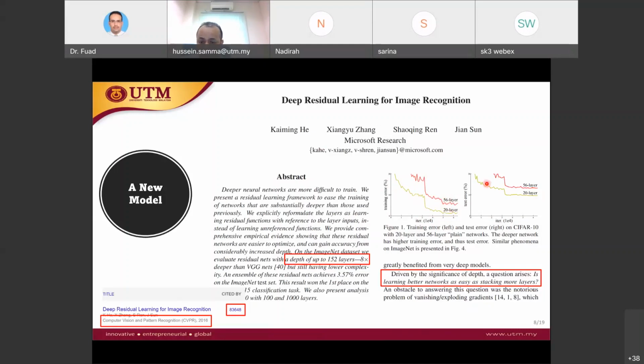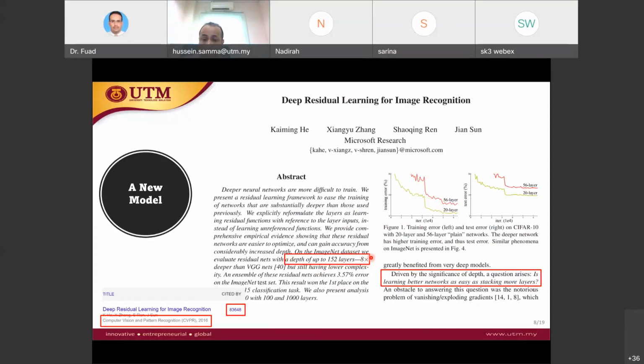So this is the barrier that was facing researchers, but here they came with a creative idea that they can break through this bottleneck and they can increase the depth of these kinds of models up to 152. So you can see they are increasing up to 8x. So it's a breakthrough.